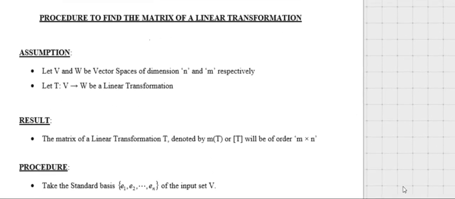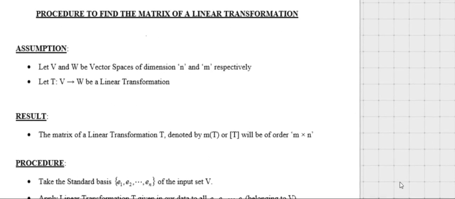You will be given a linear transformation from V to W, where V will be of dimension n and W will be of dimension m. Then the matrix of T will be of order m cross n.